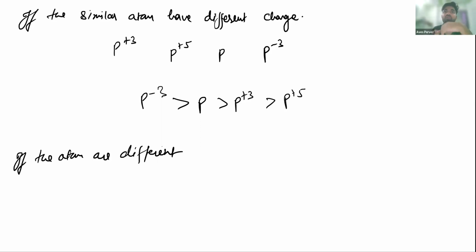So first of all, what we need to do here is, if the atoms are different, then first count their number of electrons.